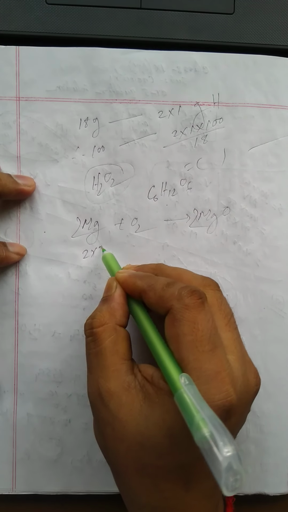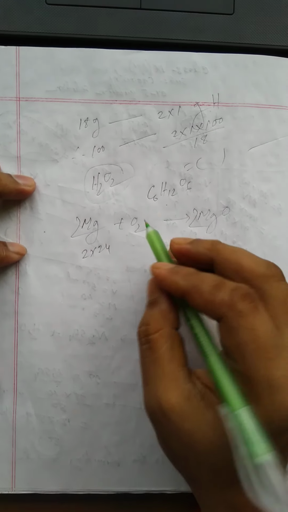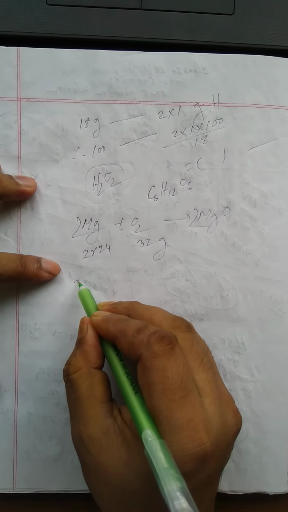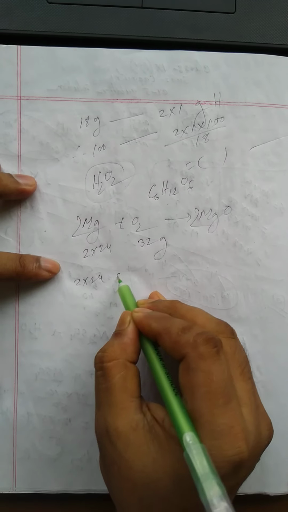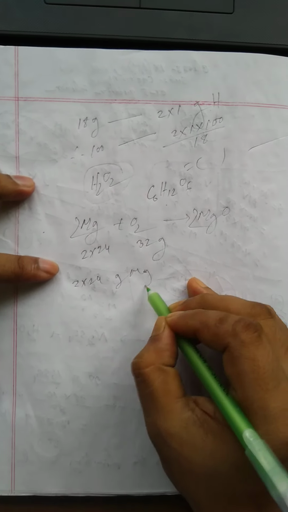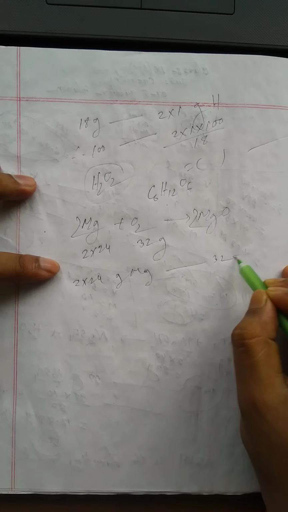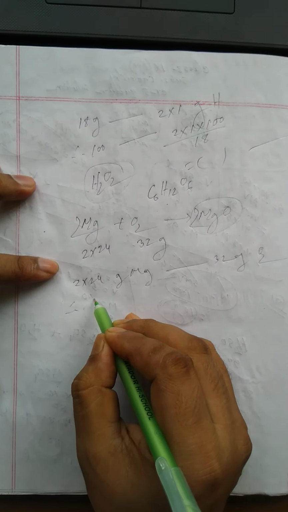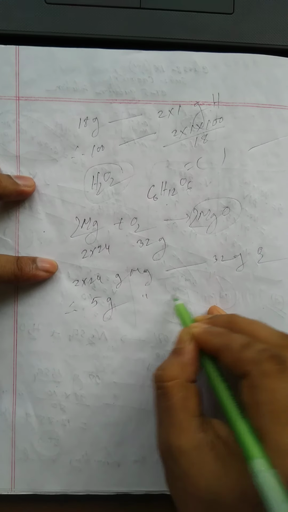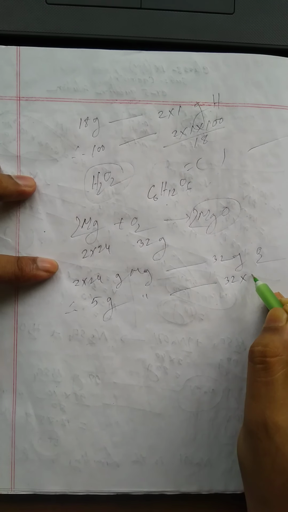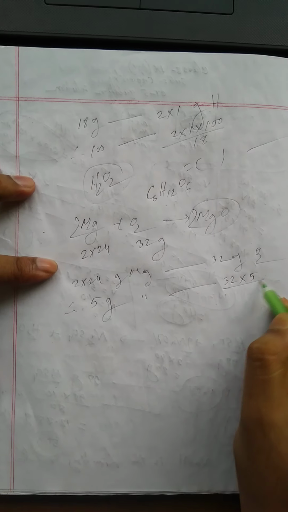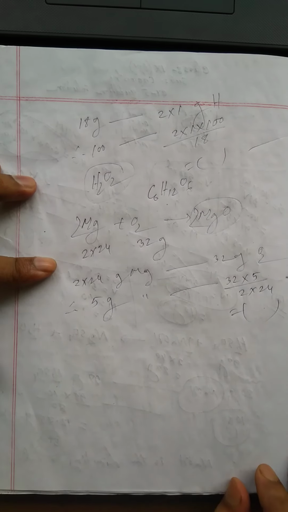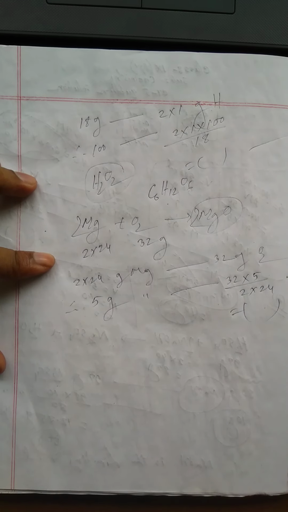So 24 gram Mg needs 32 gram oxygen to produce MgO, and for 5 gram Mg this is the required amount of oxygen.